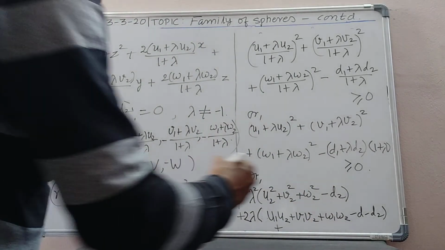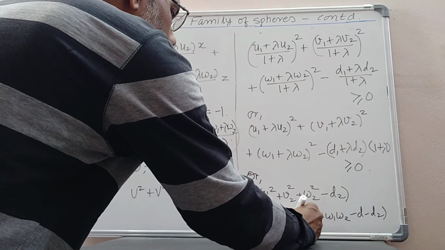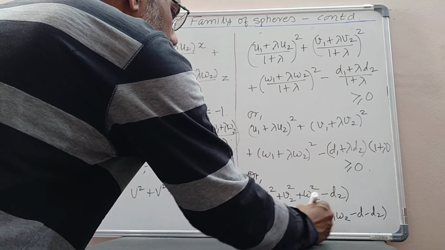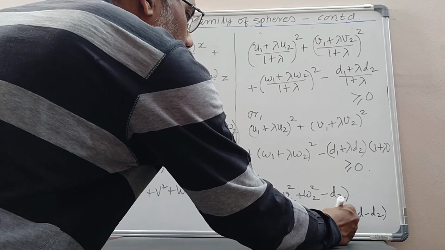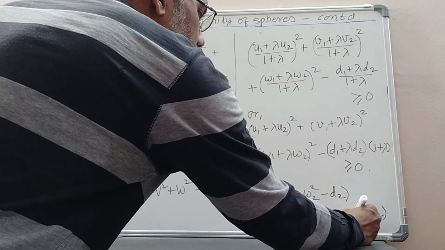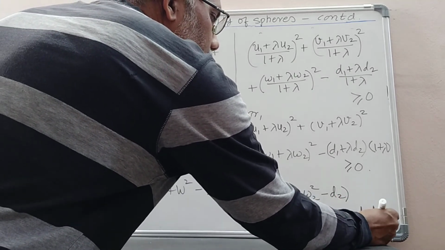The constant term is u1 squared plus v1 squared plus w1 squared minus d1, and this should be greater than or equal to 0.